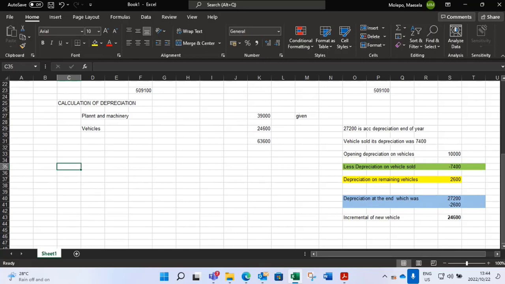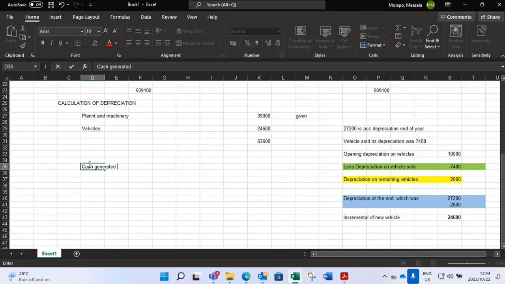After you did your cash flow from operating activities, now you're going to add the cash generated from operation, the likes of your dividend paid, the likes of your tax paid, and the interest.